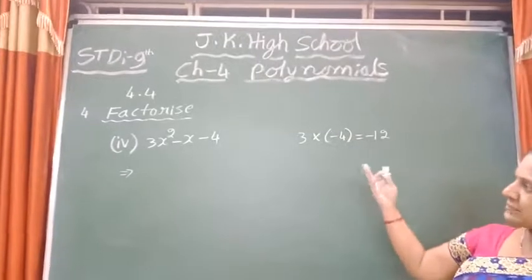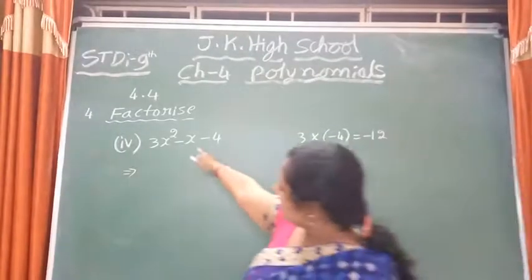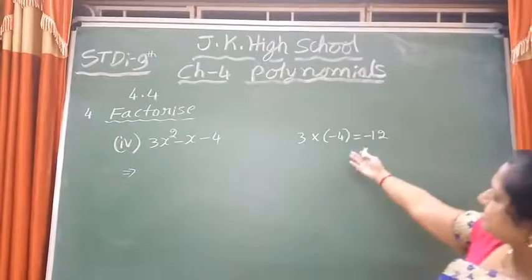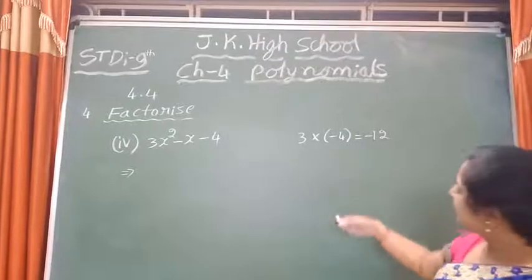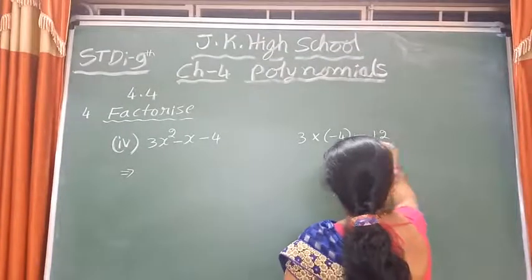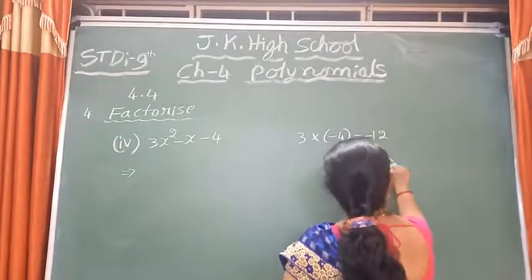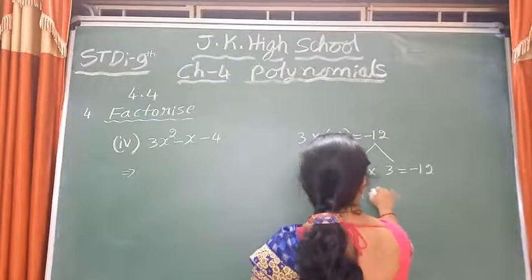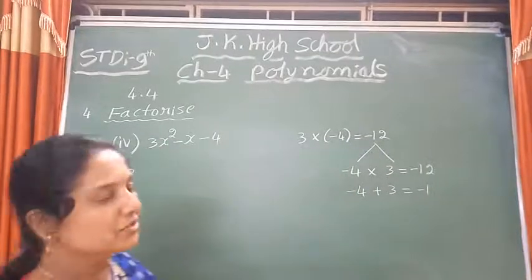When you add or subtract, you should get minus 1 only, because no number is there in the middle, it is understood that minus 1 is there. So you can split this as minus 4 into 3 is minus 12, and minus 4 plus 3 is minus 1, the middle term you are going to get.